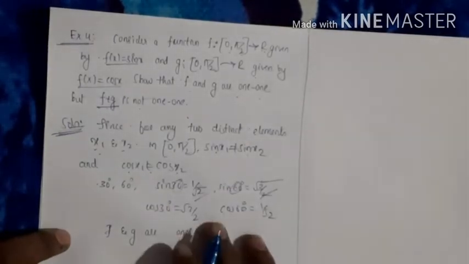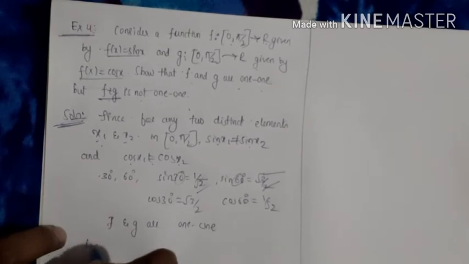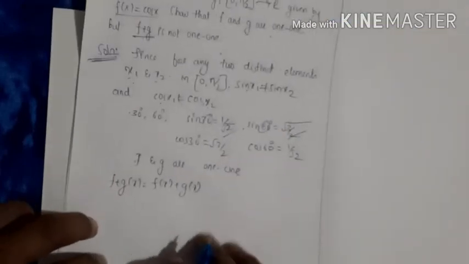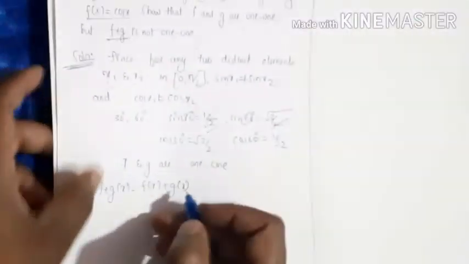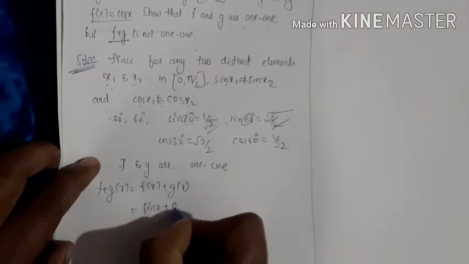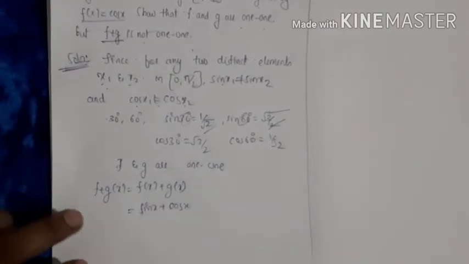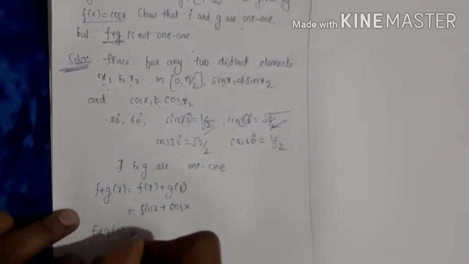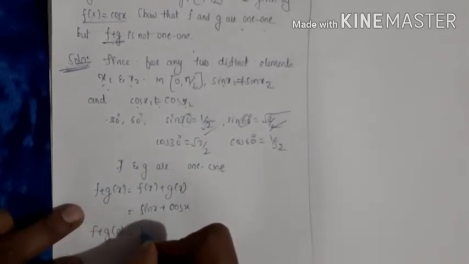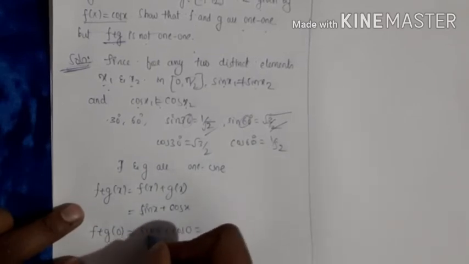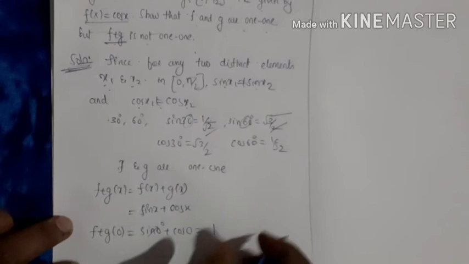But now come to this f plus g. So (f plus g)(x) is f(x) plus g(x), which is equal to sin x plus cos x. So let me consider some values here. (f plus g)(0) is equal to sin 0 plus cos 0, which is 0 plus 1, therefore it is 1.